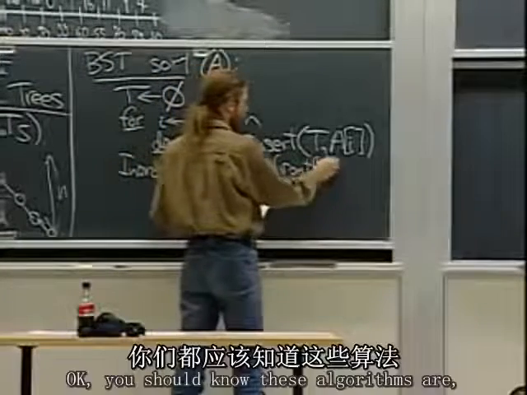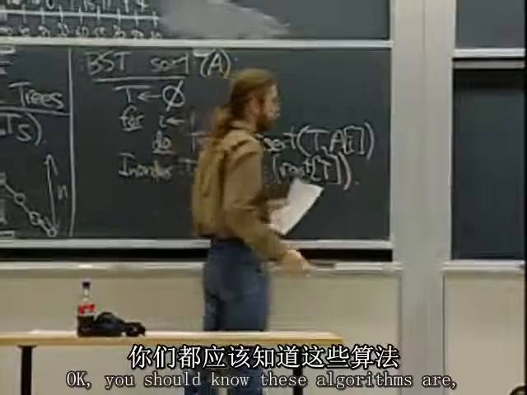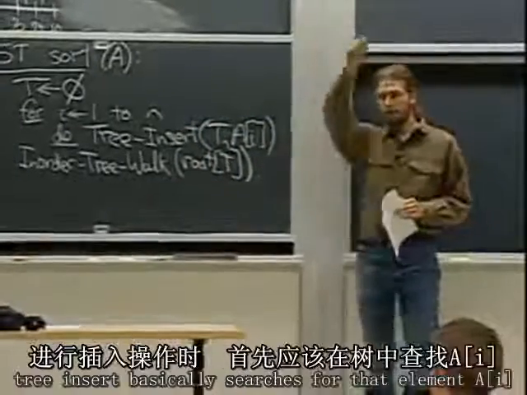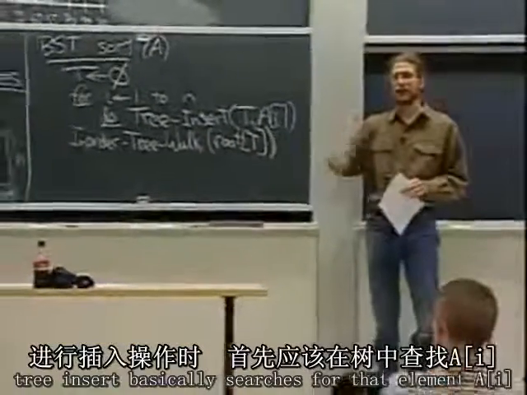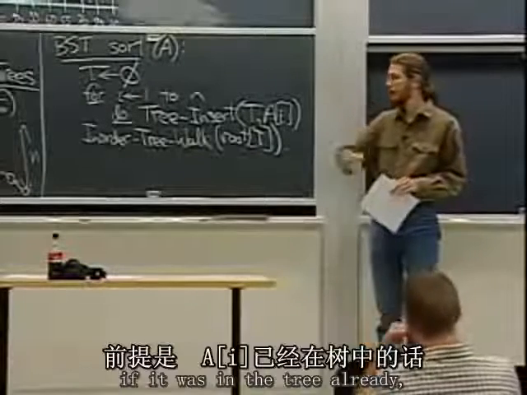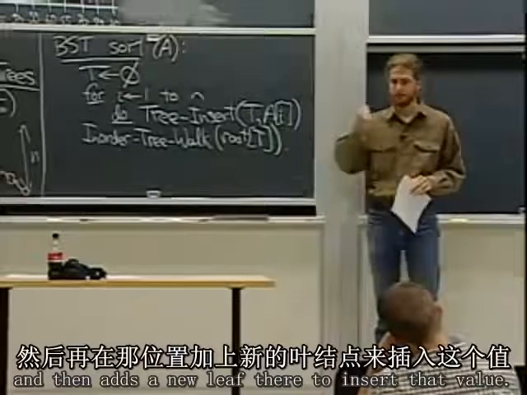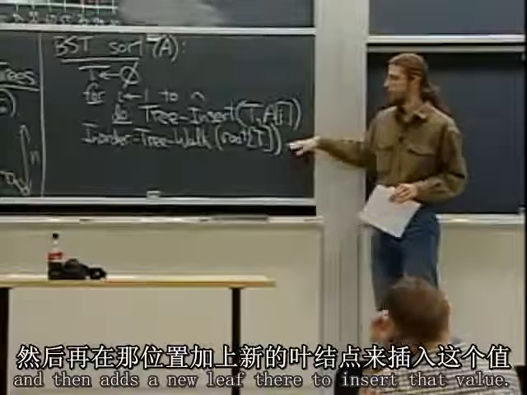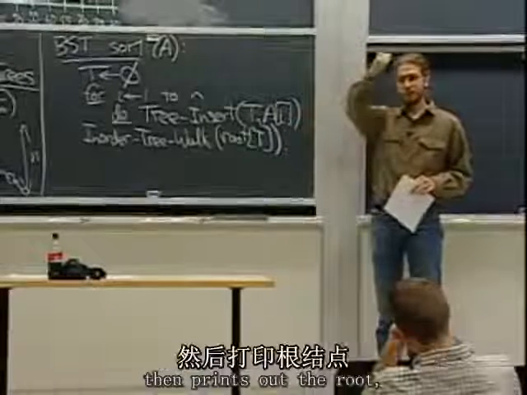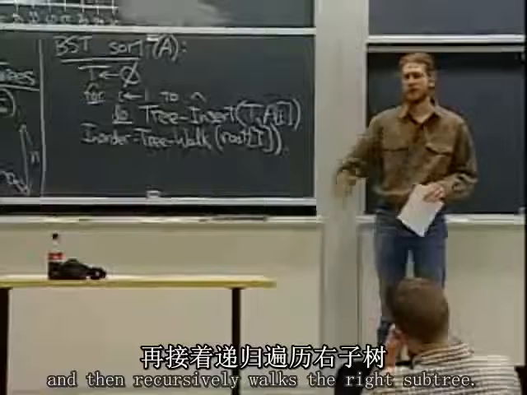Okay, you should know what these algorithms are, but just for a very quick reminder, tree insert basically searches for that element A[i] until it finds the place where it should have been if it was in the tree already, and then adds a new leaf there to insert that value. Tree walk recursively walks the left subtree, then prints out the root, and then recursively walks the right subtree.